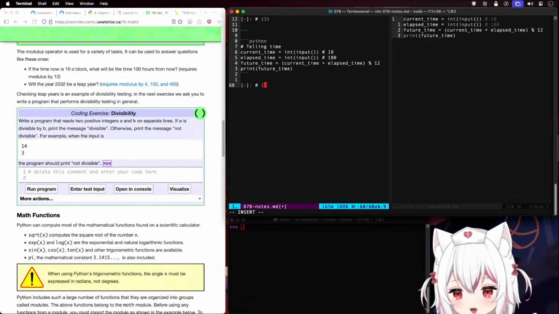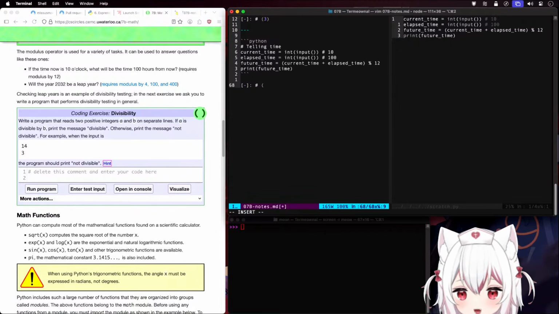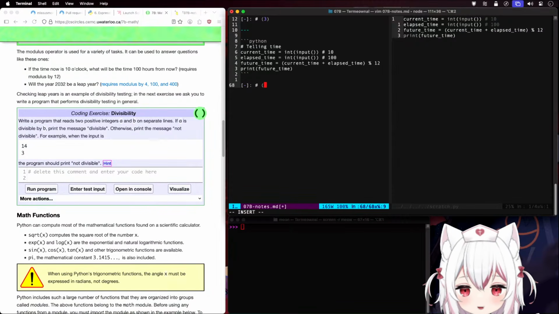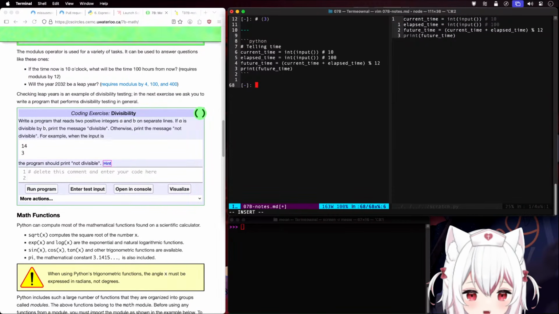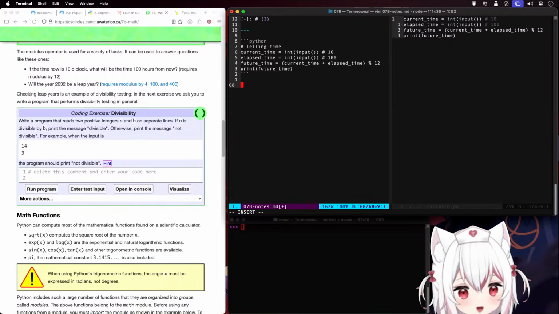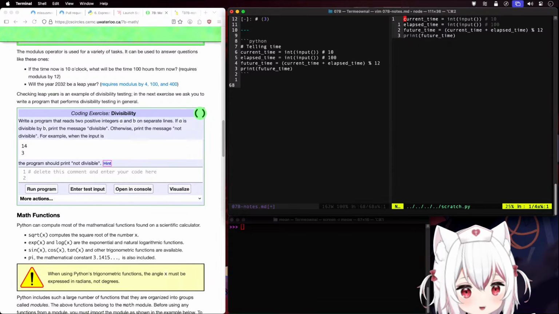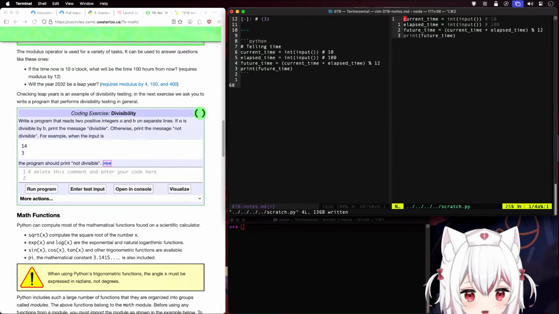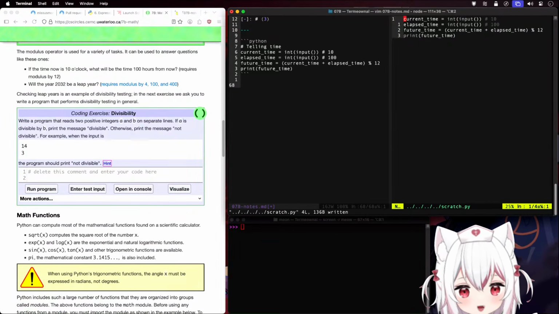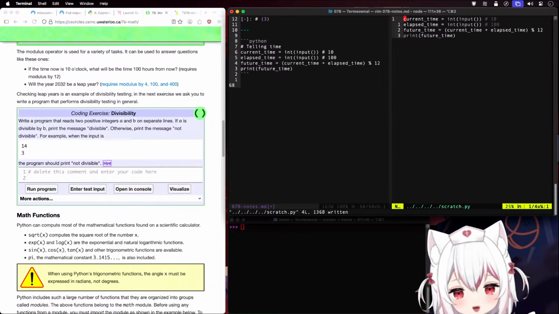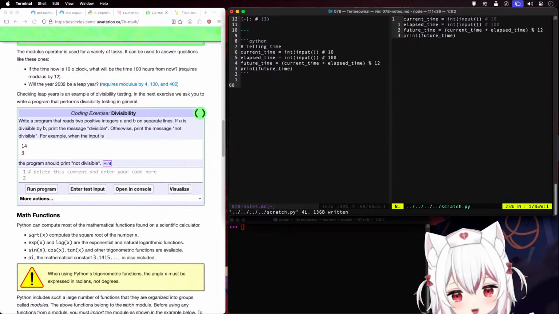Can you put up 10 and 2 as inputs? I want to see something. You don't think it works? Oh, is it broken? Wait, what the heck? Uh-oh, I'm nervous. 10, 2 is gonna be 12. 12 modulo 12 is 0.